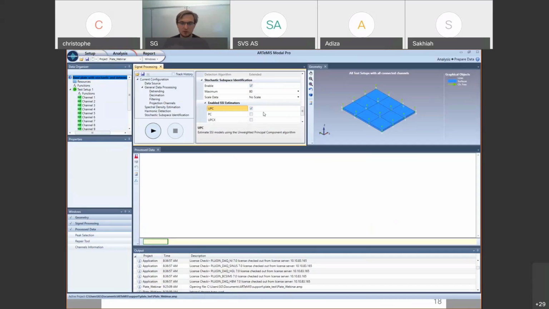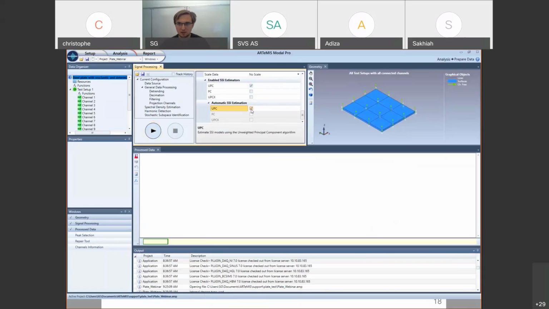There's the UPC, which is called unweighted principal component, and then PC, which is principal component, which involves weighting the observability matrix with some weights. The UPCX is the method that stands for extended unweighted principal component and involves uncertainty quantification. And that is something that we'll be looking at in the end.